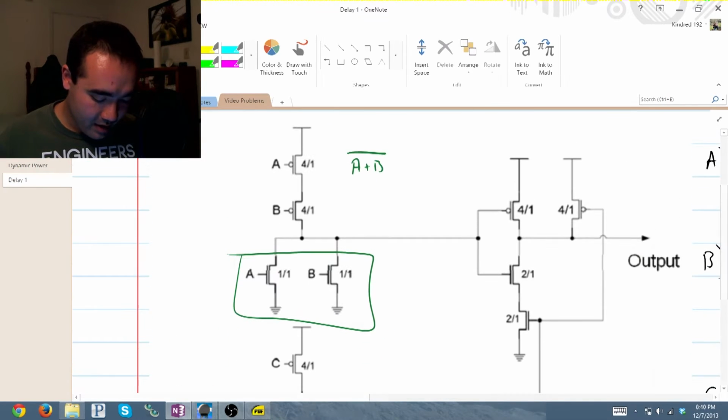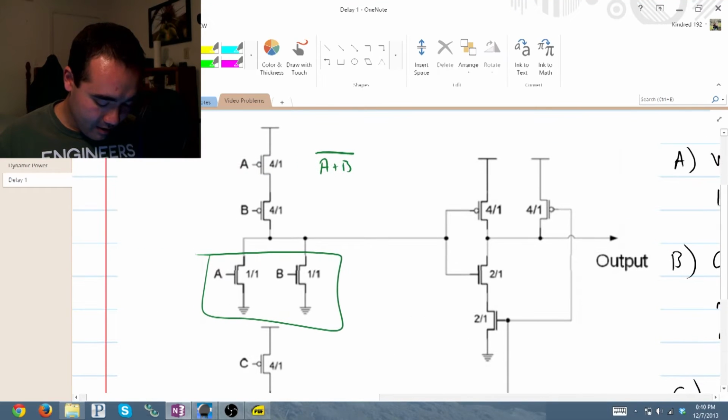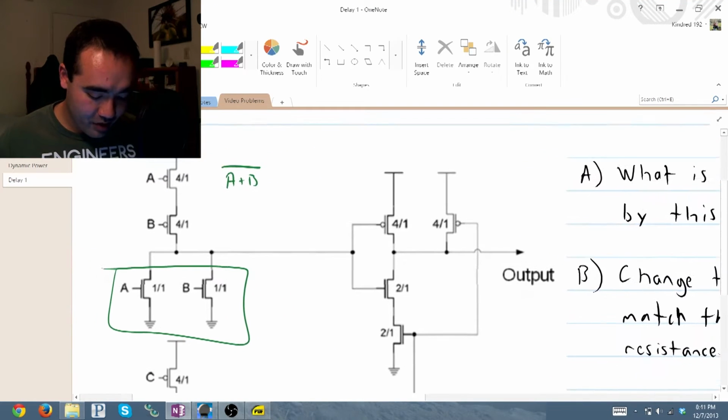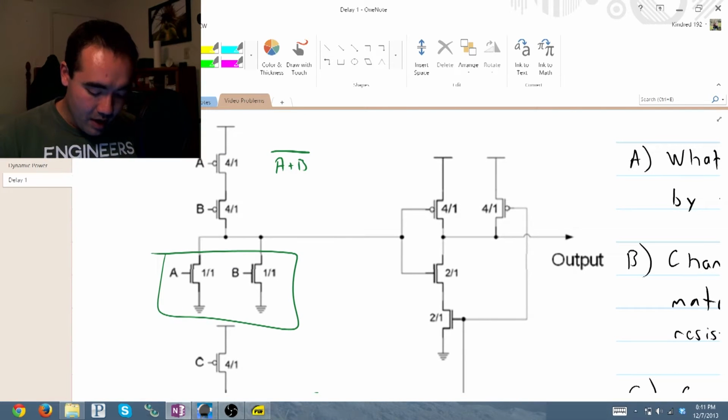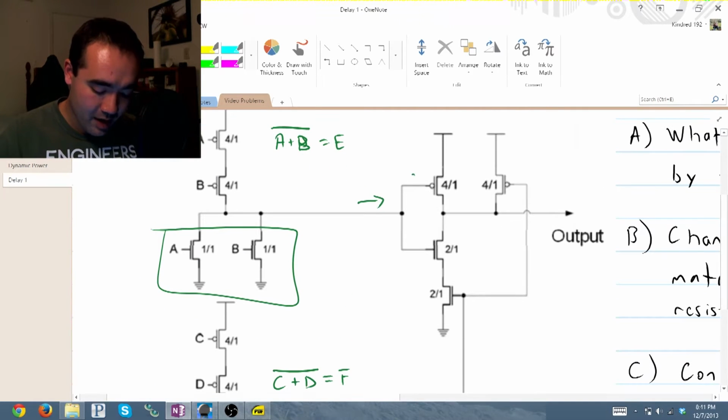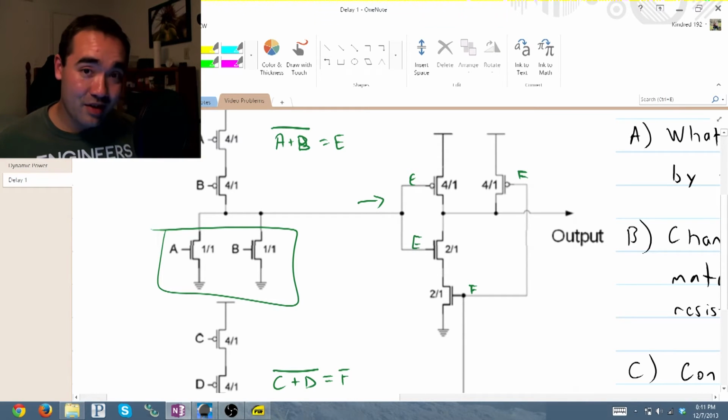Now, let's go ahead and look at the output. So, I'm just going to call A plus B E, and C plus D, I'm going to call F. So, you have E and F, and what is this circuit?